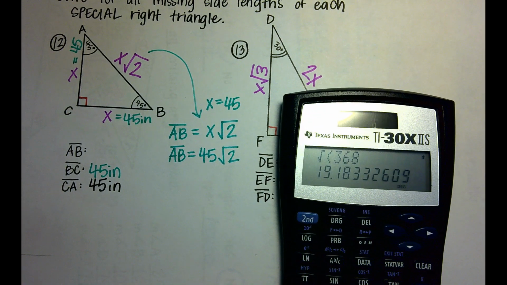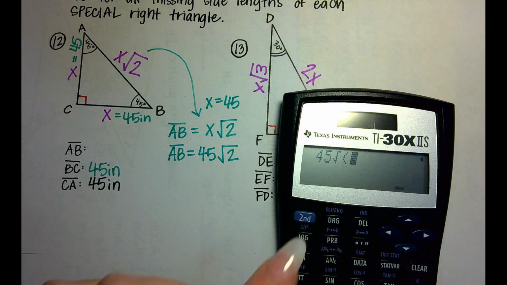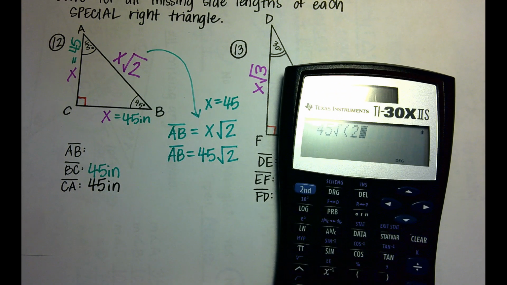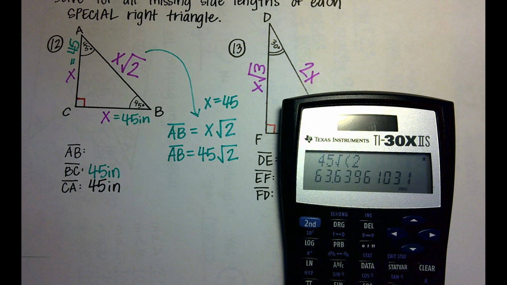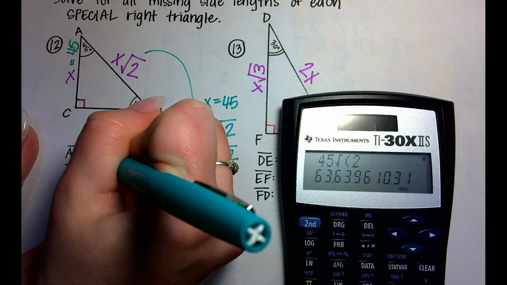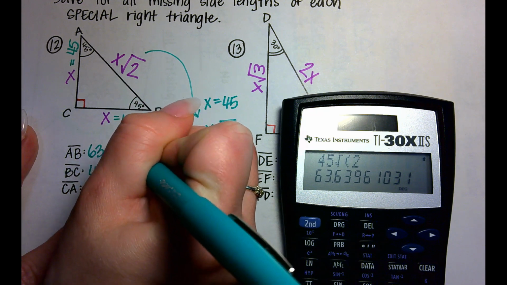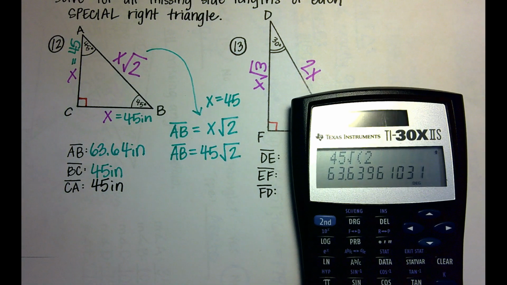I'm going to type 45, second, x squared, that'll give me the radical symbol, 2. I hit enter. 63.64 inches. Good. Very nice.